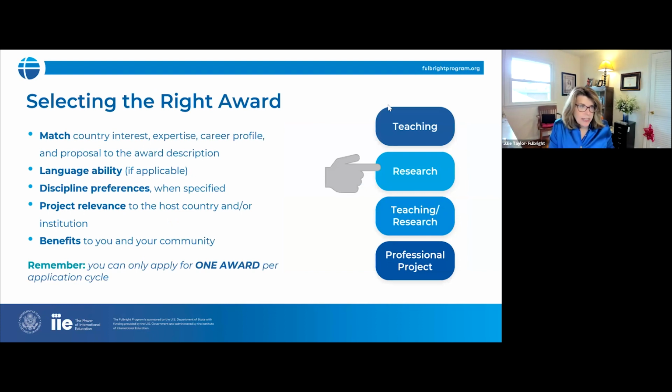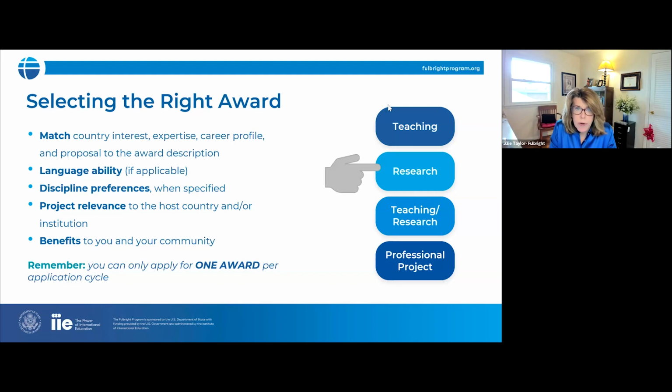In terms of selecting the right award, I think all of this is pretty self-evident. Let's see, I guess I'd mentioned the language ability. Most of the awards in the catalog, you don't need to have another language for.